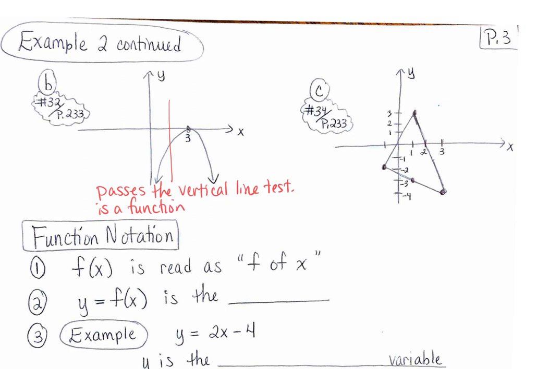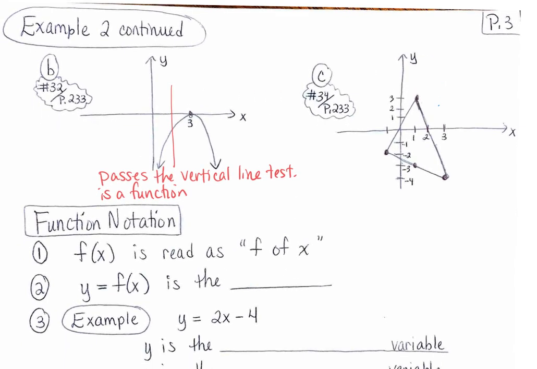If it was flipped like up, would it still pass the vertical line test? Sure would. What's the shape? Do you know the name of the shape? Very good. This shape is a parabola.